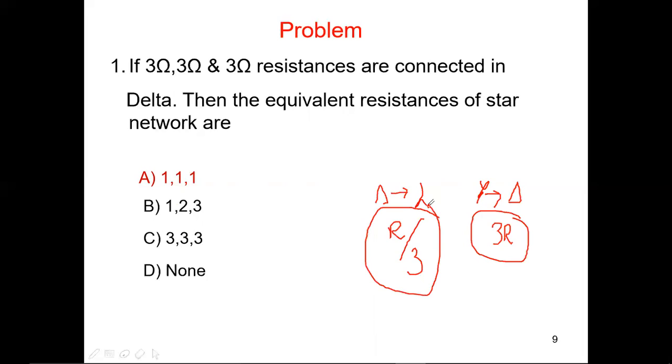So you should remember this point very clearly. You should understand one important point here.